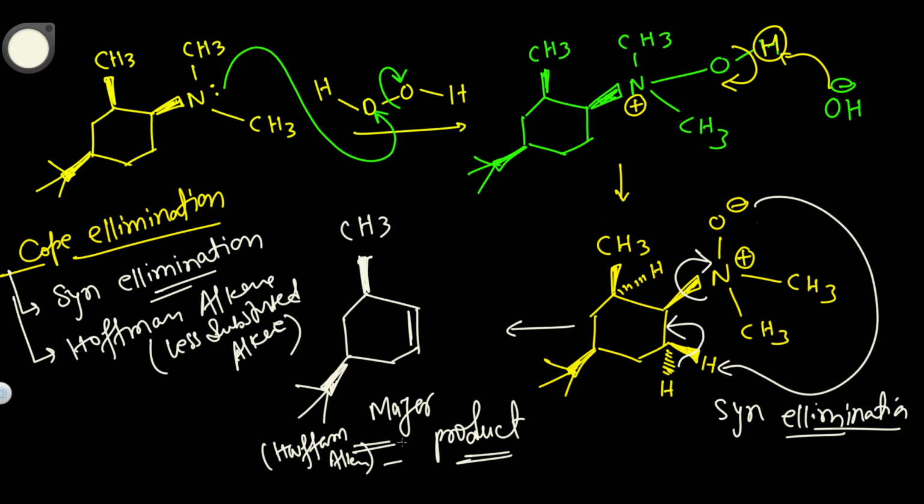Let me tell you one more thing. If this O minus takes the proton from the other position, then you will get an alkene at that position, and that product will be a minor product.